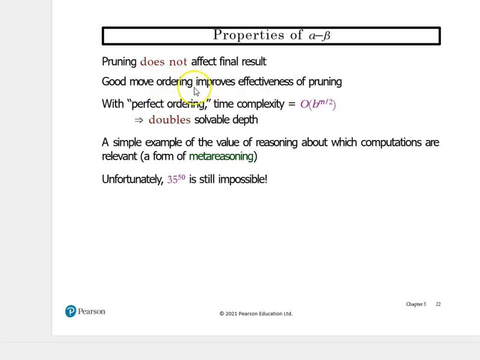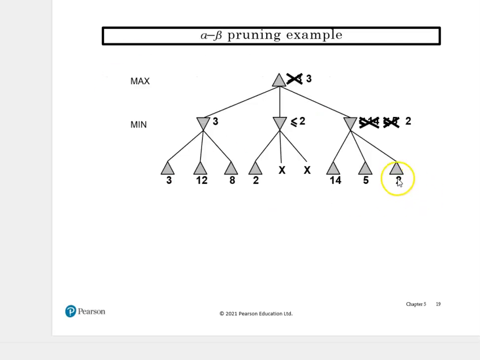If we order the moves in a way to minimize the function evaluations, that can improve the effectiveness of pruning, obviously. And you can see that here, if the 2 was on the left before the 14 and the 5, we would have avoided evaluating both the 14 and the 5.